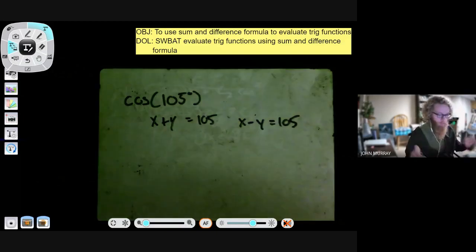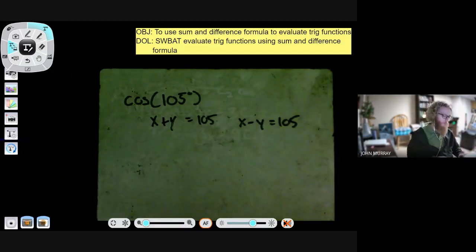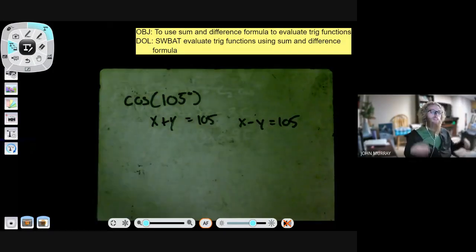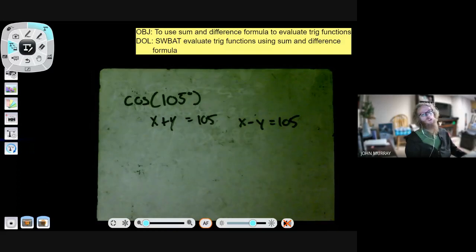Now, honestly, there are a number of answers that you can choose from, right? And if we weren't worried about picking nice angles, you could literally pick anything, right? 100 plus 5 degrees or 110 minus 5 degrees.